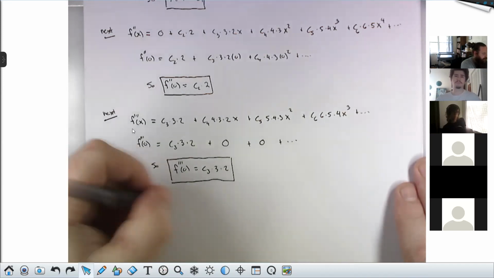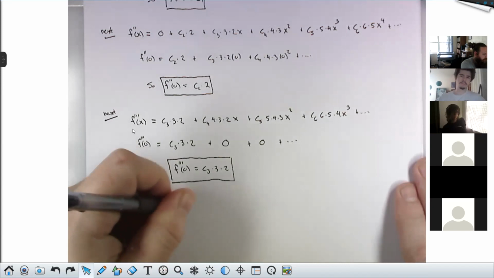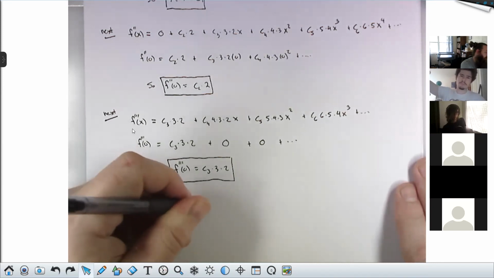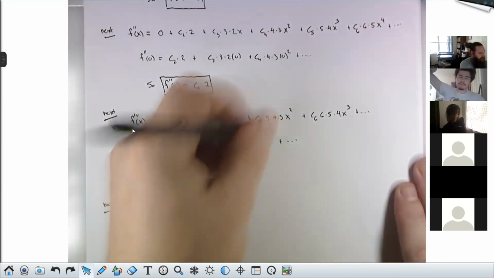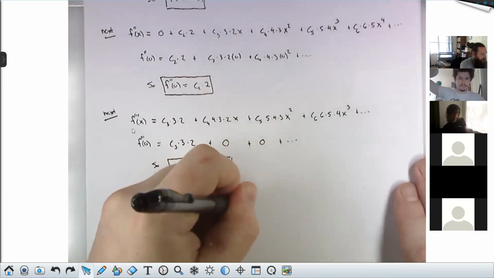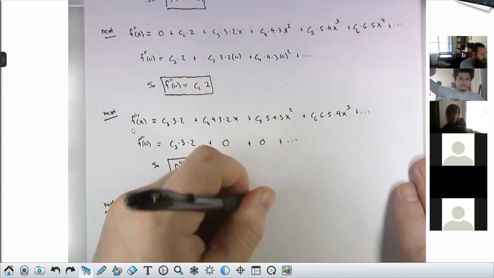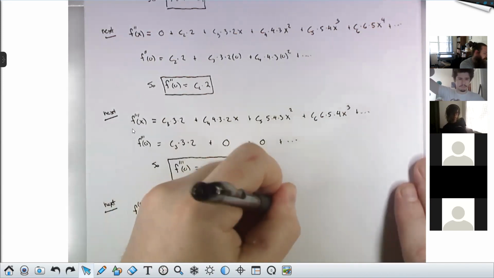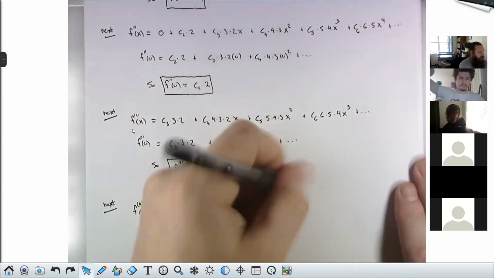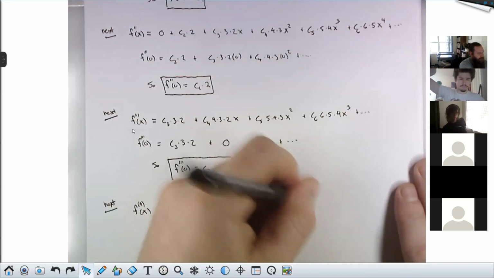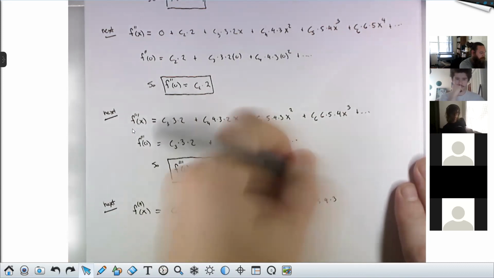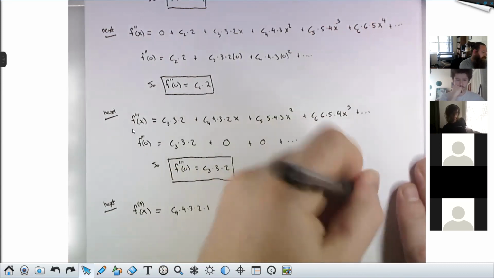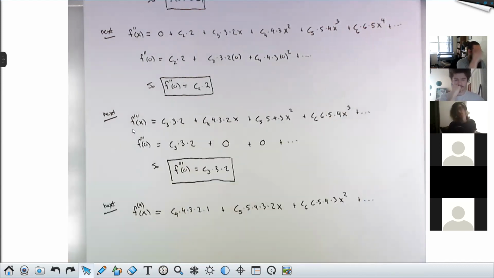This piece is going to become c4 times 4 times 3 times 2 times the derivative of x, which is 1. Plus this piece is going to become c5 times 5 times 4 times 3 times 2x. The C6 piece is going to become C6 times 6 times 5 times 4 times 3x squared, and so on.